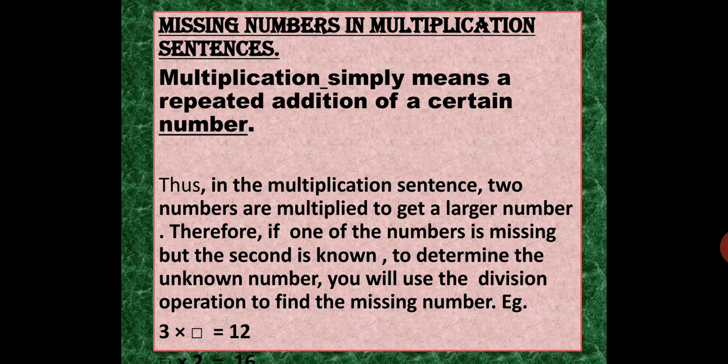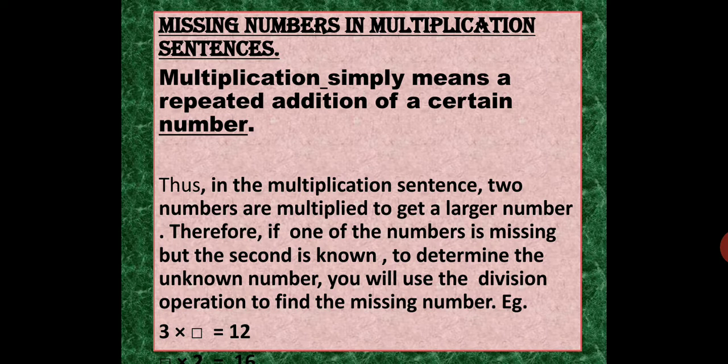Therefore, if one of the numbers is missing but the second is known, to determine the unknown number, you will use the division operation to find the missing number. So you have an example of 3 times box equals 12.